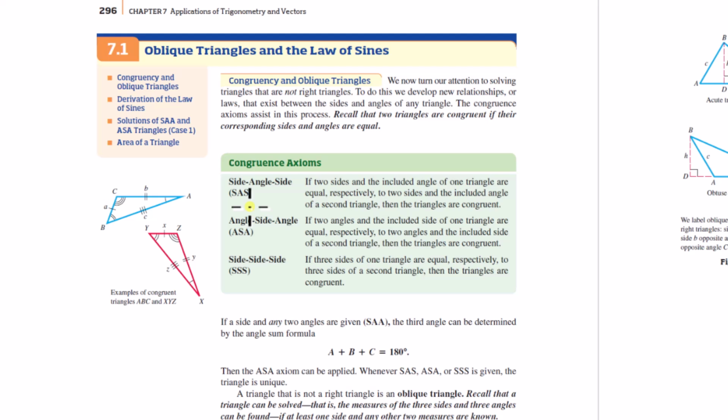But from another perspective, what you're really saying is that with one triangle, once you fix two side lengths and the angle between those side lengths, then the triangle is fixed. In other words, you've fixed all of the other angles and side lengths. You might not know what they are, but they're fixed.